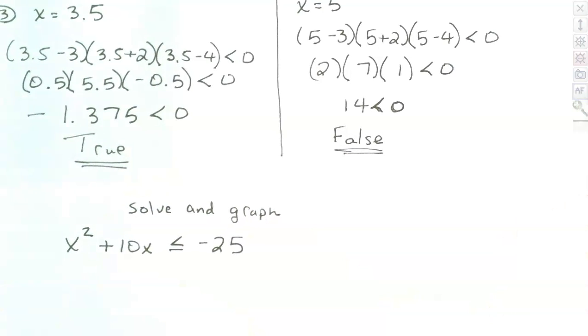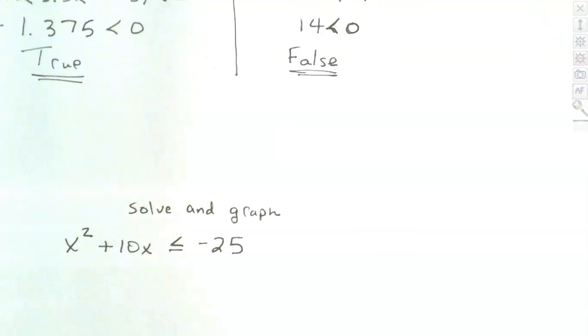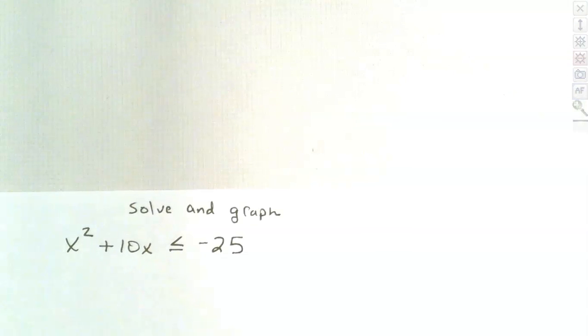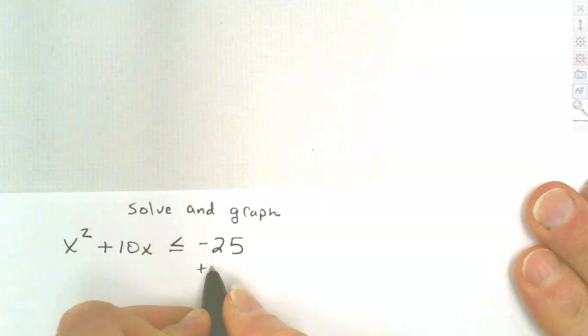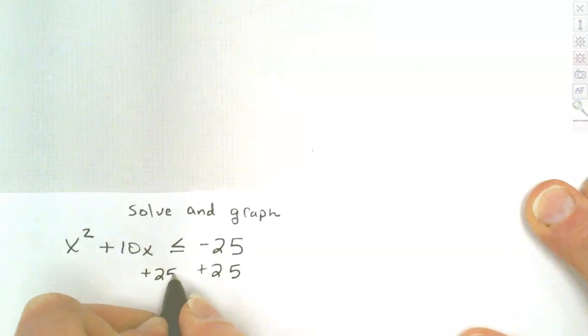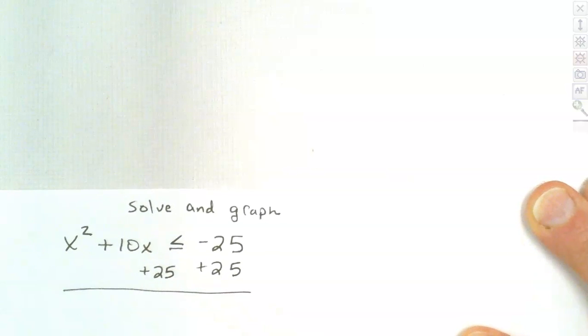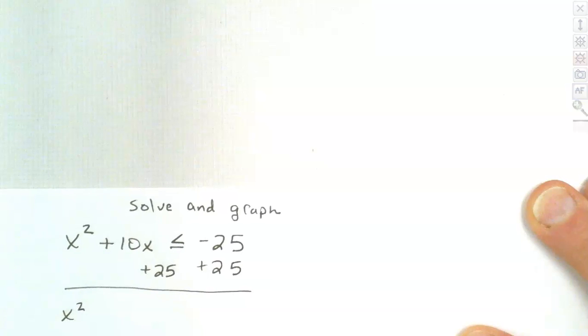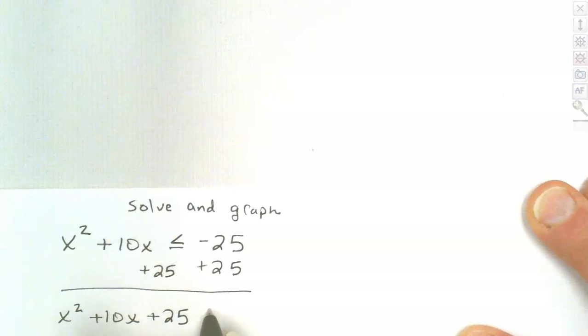This one's only going to have 1, and we're going to have to check both sides of it. So let's go ahead and move that 25 over. And that leaves you then with x squared plus 10x plus 25 is less than or equal to 0.